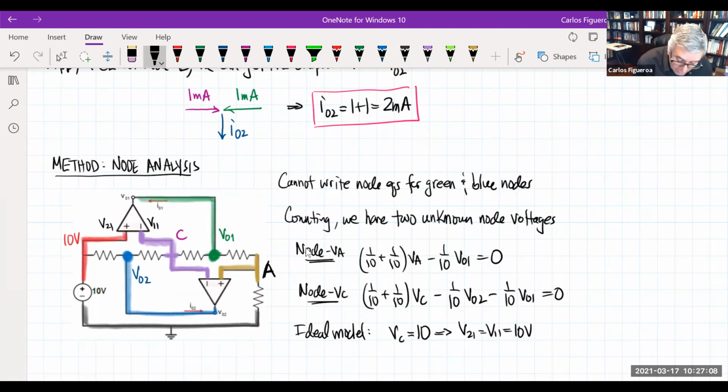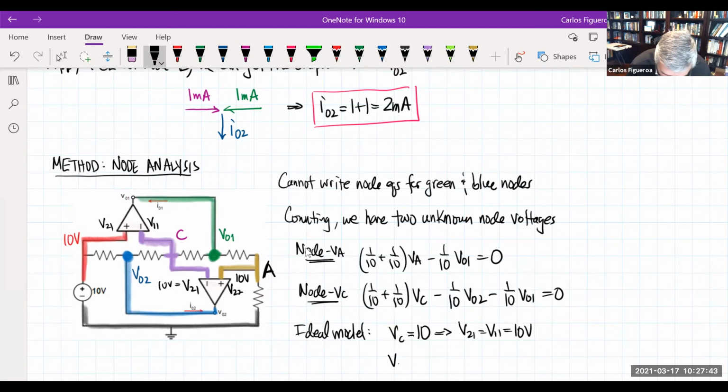If VC is 10, then this is 10. Let me erase the 10 and write this as V21 and this as V22.